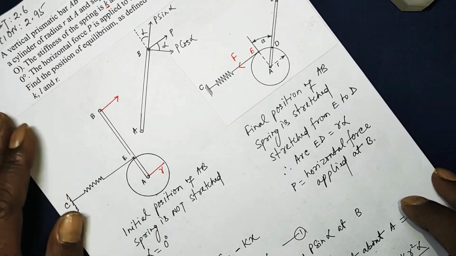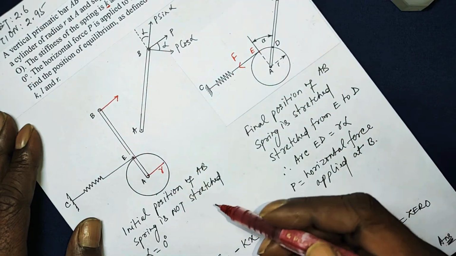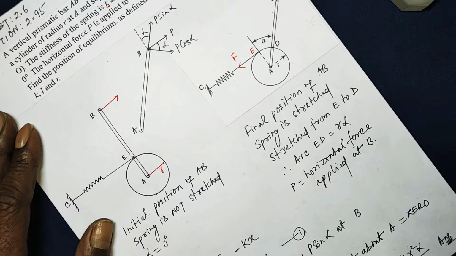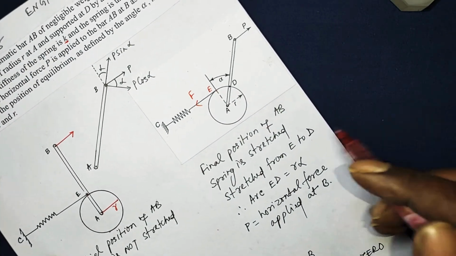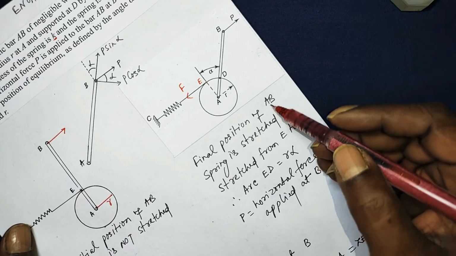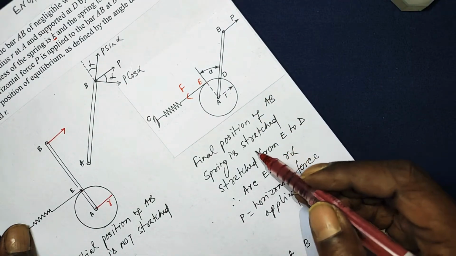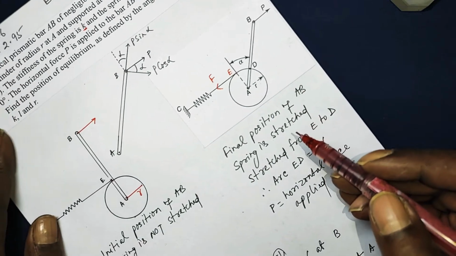So I have explained this here. This is the initial position of the prismatic bar AB, that is vertical. In this position, the spring is not stretched because the force P is not applied here, and alpha is 0. Now this is the final position of the prismatic bar AB when applied with a force P at the end B. So the spring is stretched.